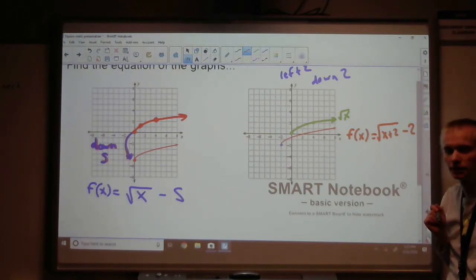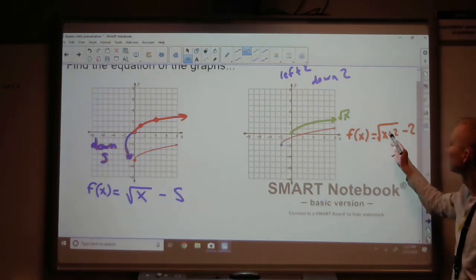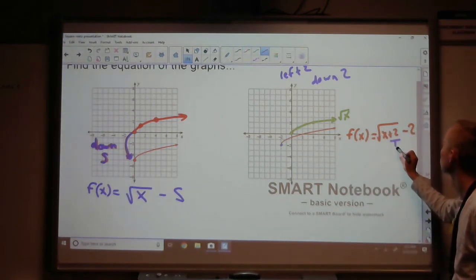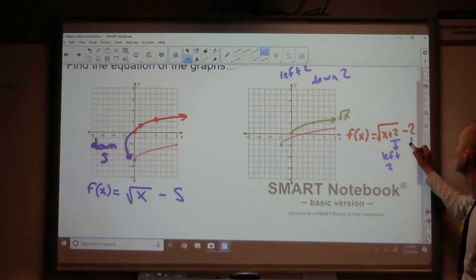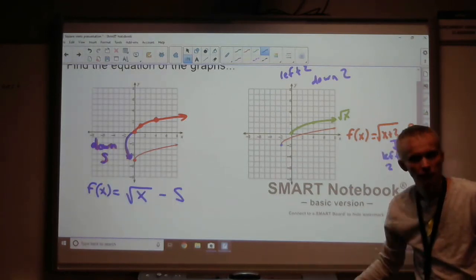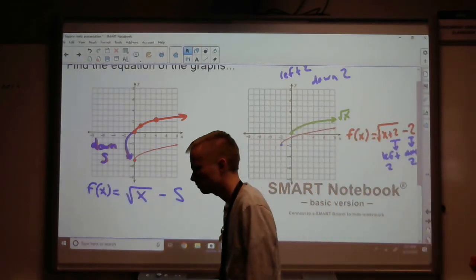Okay? So this is the down 2. This is the left or right 2. So this is left 2. This is down 2. Okay? So those are our equations for these square root functions.